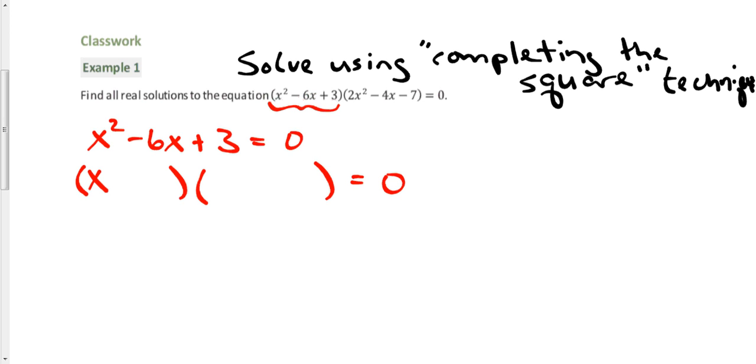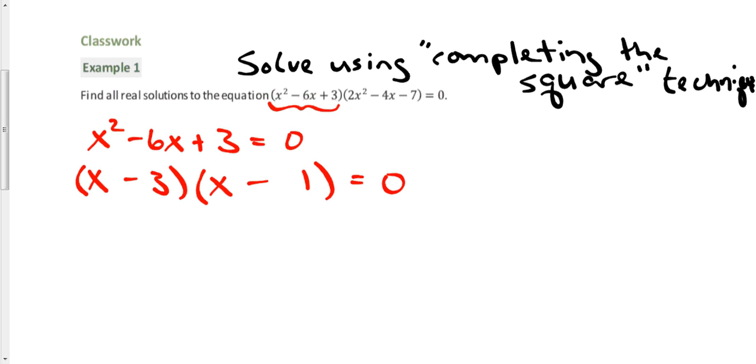Well, x squared factors into x times x, and 3 is 3 times 1. There's no other way to write it. Because the 6 is negative, both the 3 and the 1 have to be negative, because they have to multiply to be 3, but add to something that equals negative 6.